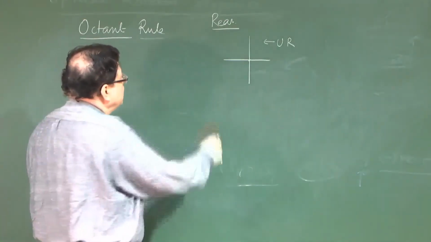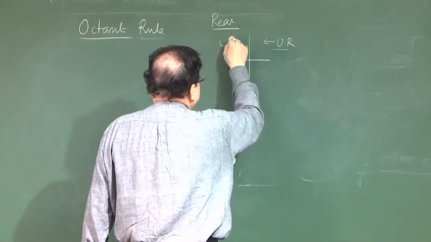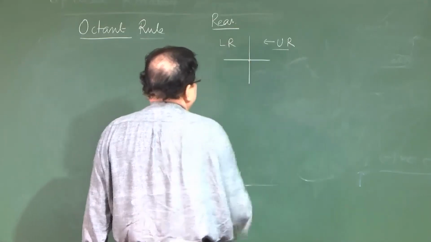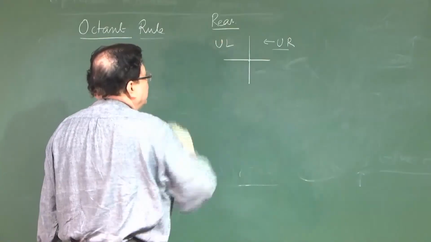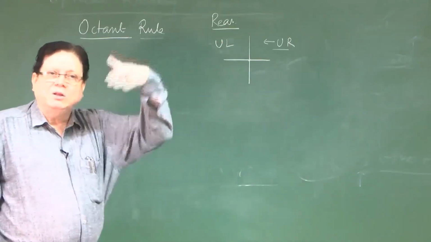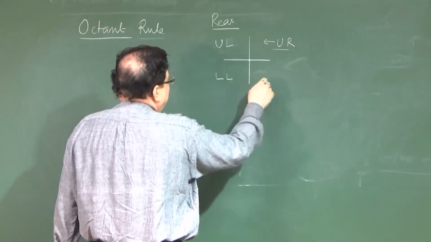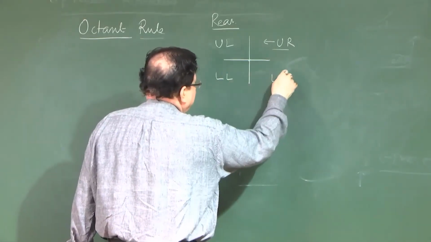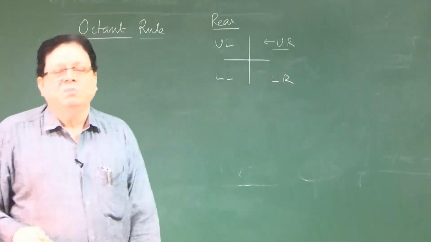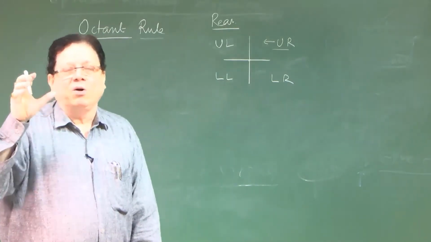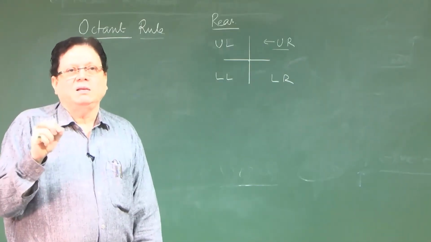So, this is upper right, then you have a lower right, sorry, this is upper left, very sorry. It is still on the upside, but on the left side. This is lower left and this is lower right. So, this is how the spaces are named. You have 4 rear octants: upper right, upper left, lower right and lower left.